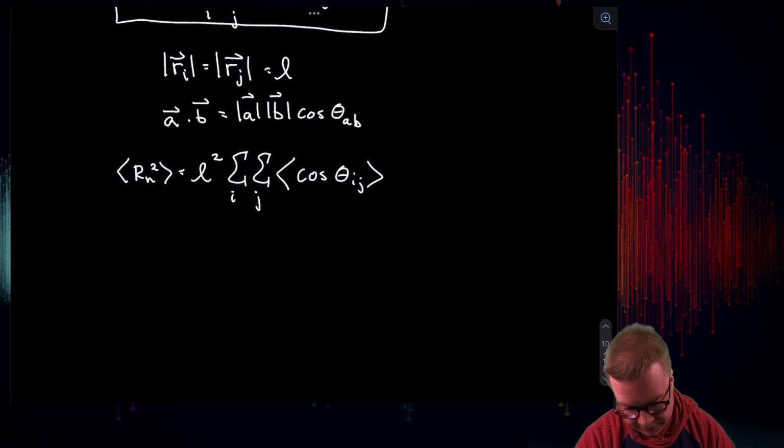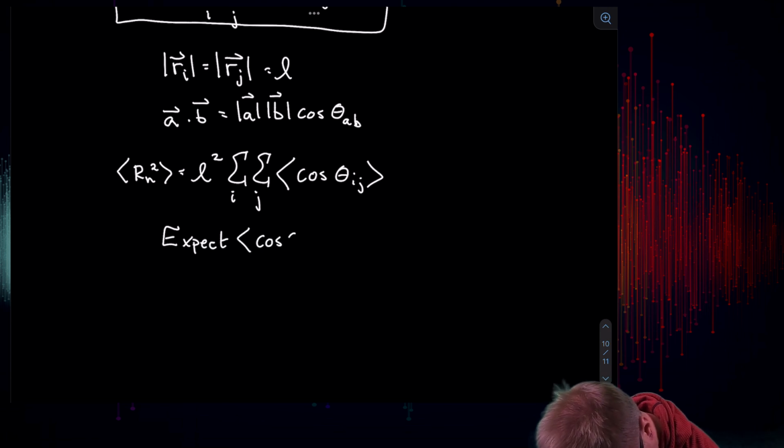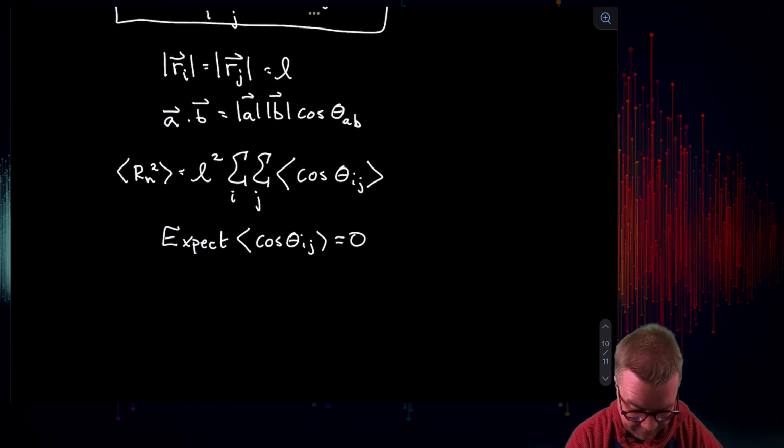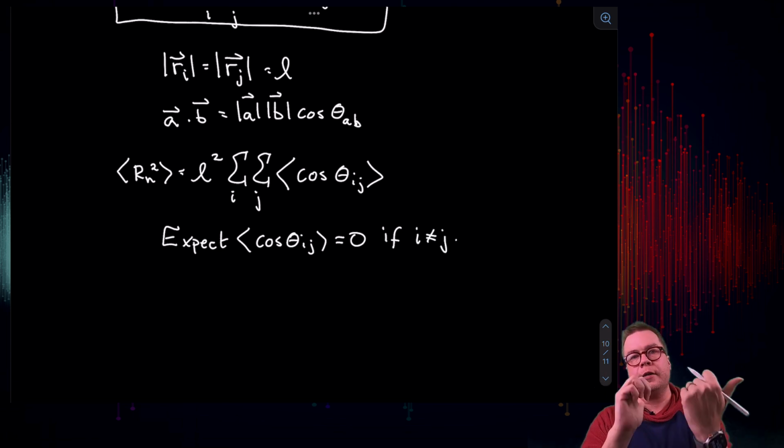Now we expect the average of the cosine of theta ij to be 0 if I is not equal to j, right? Why is that? Because they're pointed in all different directions.